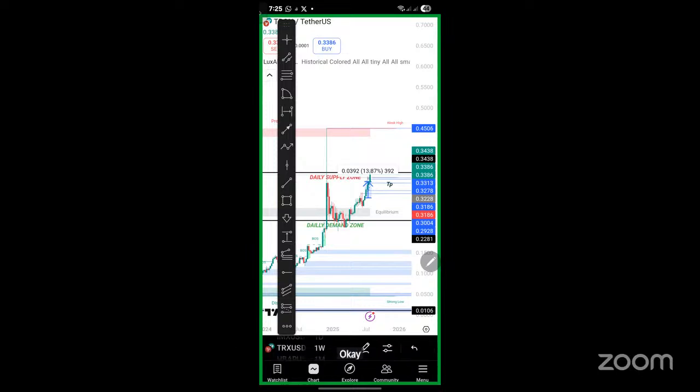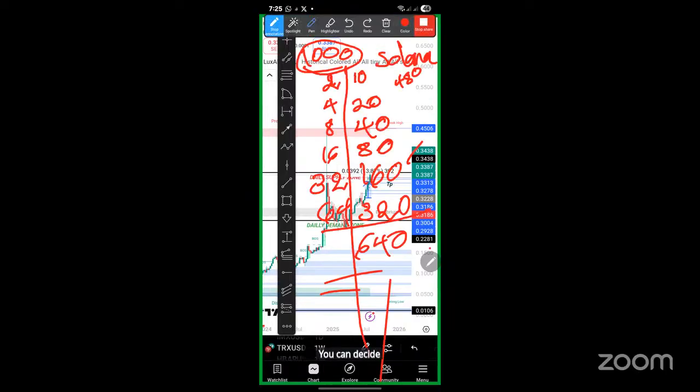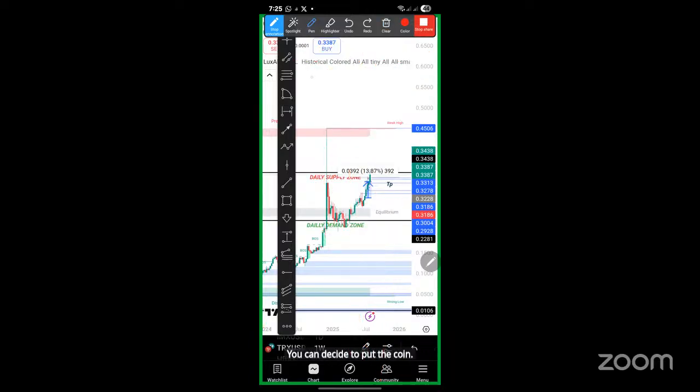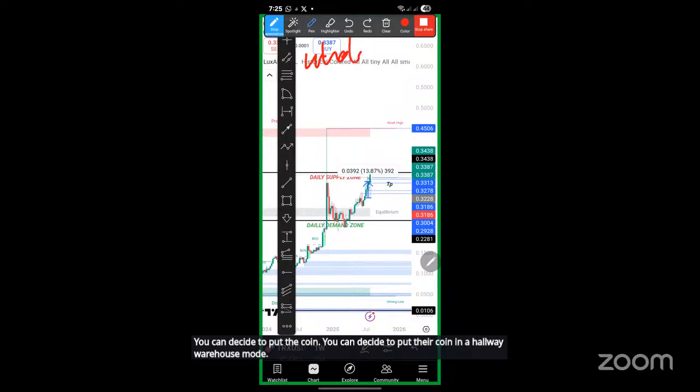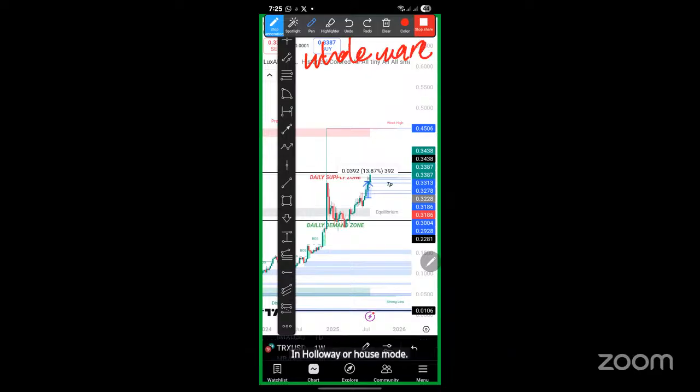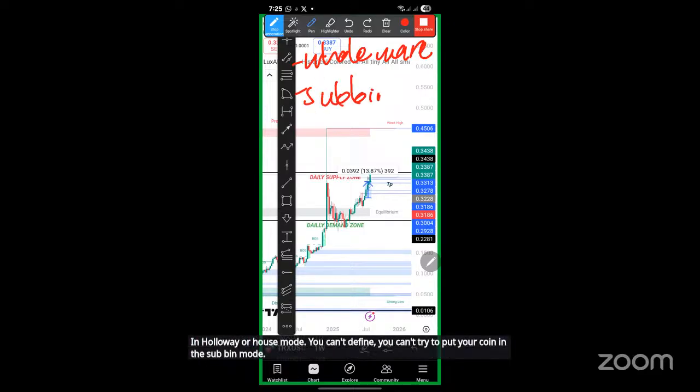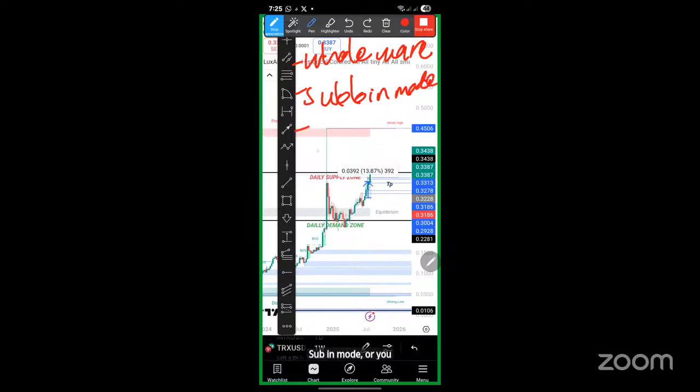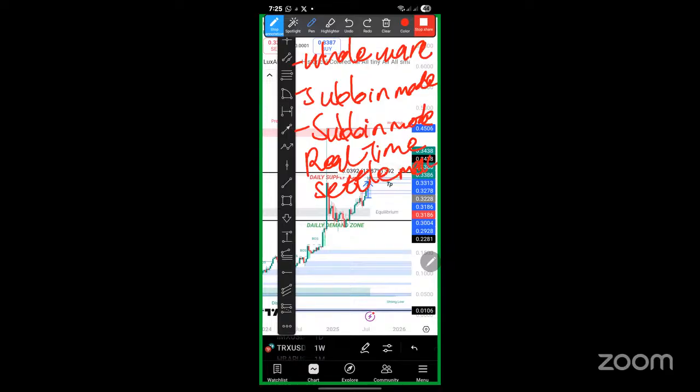As you trade this coin, you can decide to put the coin in whole warehouse mode, or in sub-bin mode, or in sub-bin mode with real-time settlement.